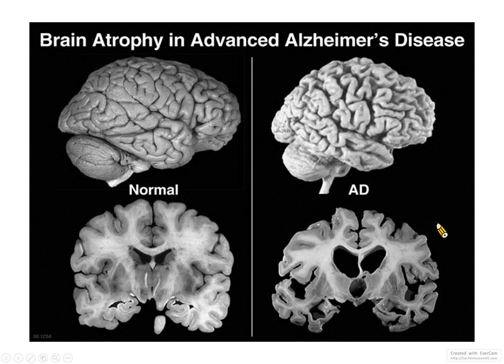You can see very significant brain atrophy in the patient with Alzheimer's disease. That corresponds to the figure I showed you previously, that the trajectory of AD is more rapid and steeper than normal aging.